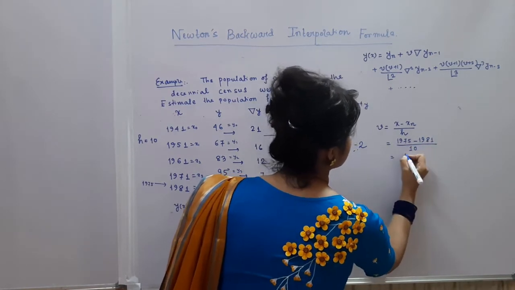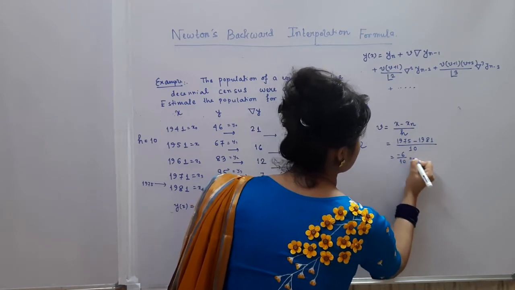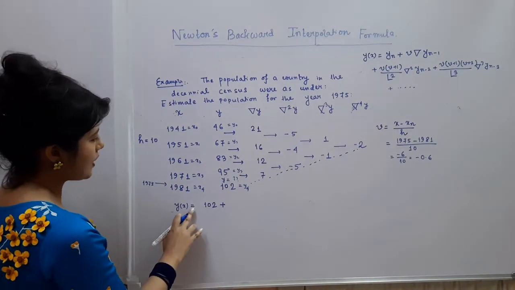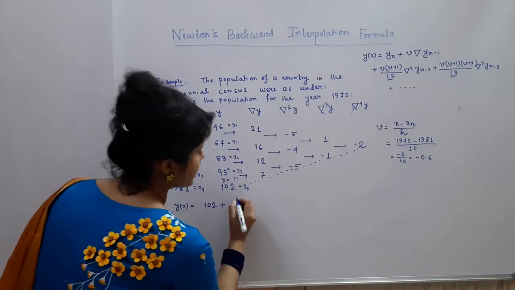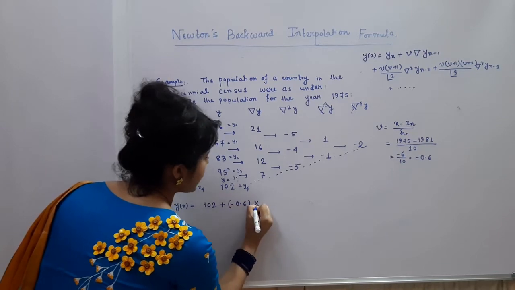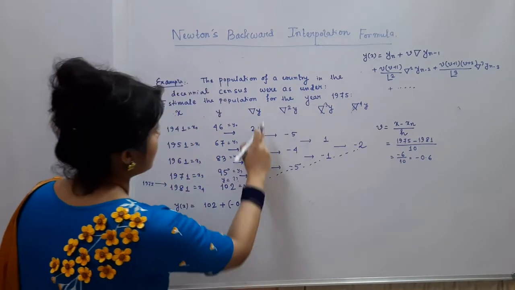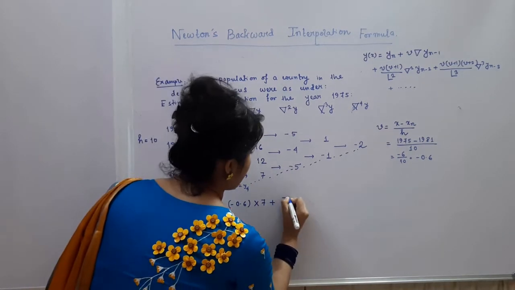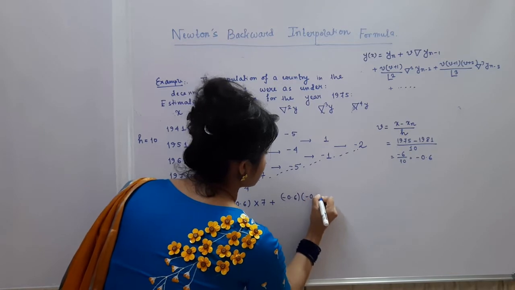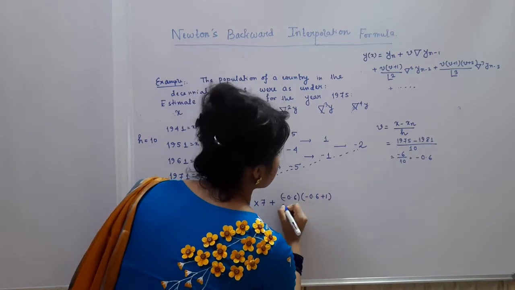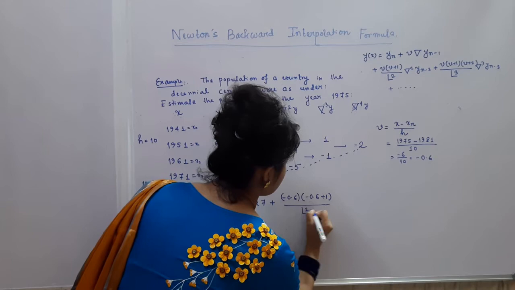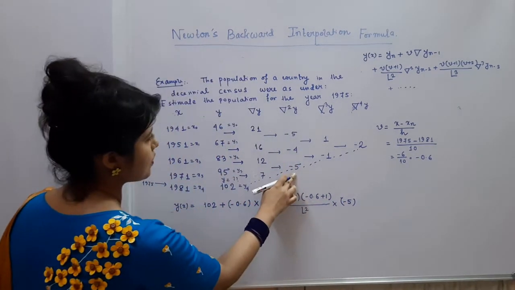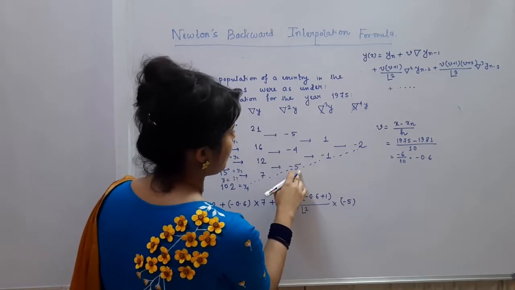So 75 minus 81 is minus 6 by 10, that means minus 0.6. So here yx equals 102 plus minus 0.6 into delta y3, that means 7, plus minus 0.6 into minus 0.6 plus 1 by factorial 2 into minus 5, this one is delta square y2.